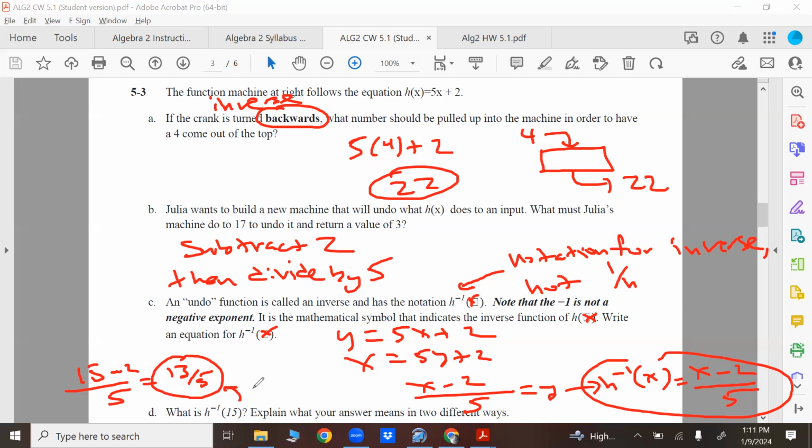If you're told 4 has to be the output going backwards, that's the input for the original. So actually, Alex, you're right. Part A is talking about the original. Part A is asking to do the inverse. So you want 4 to be the output of the inverse. If 4 is the output of the inverse, then 4 has to be the input to the original. It has to be all opposite.